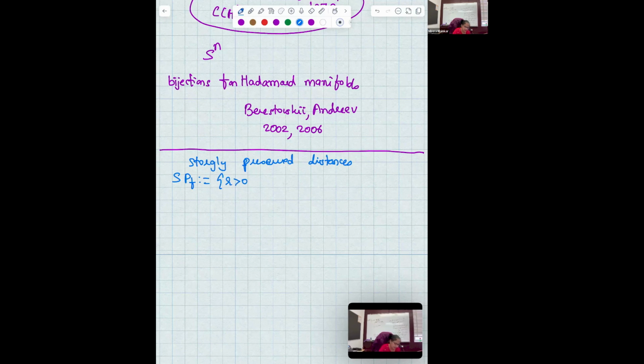Again, the definition is almost the same, but we need a stronger condition. So the distance between A and B is equal to r if and only if, and this is the change here, one arrow.